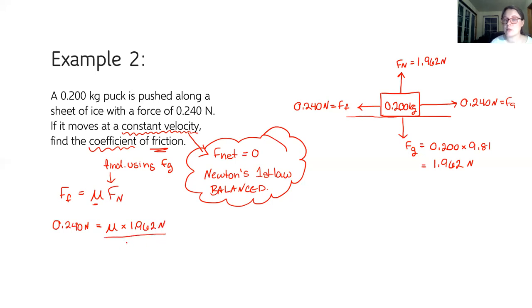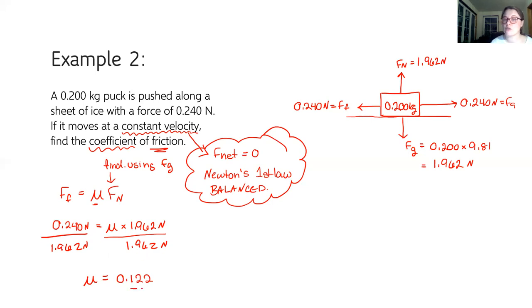Rearranging, divide by 1.962. When we divide force of friction by normal force, that's why the units cancel on mu. So the coefficient of friction is going to be equal to 0.122, and there's no units.